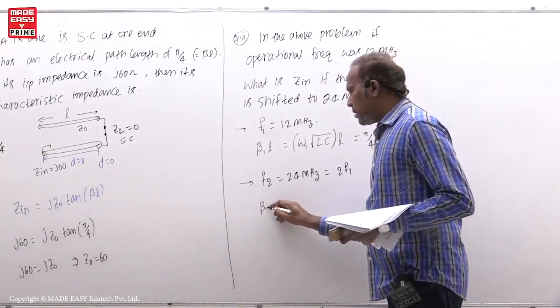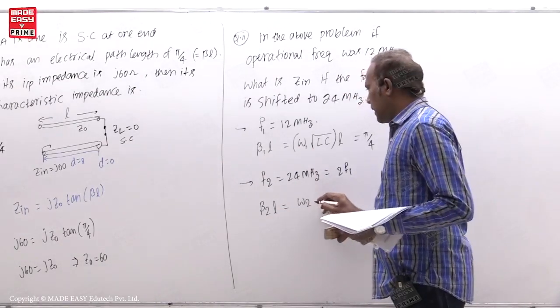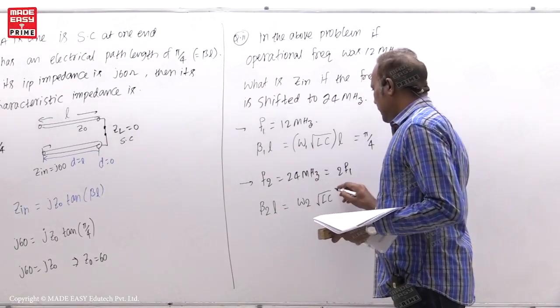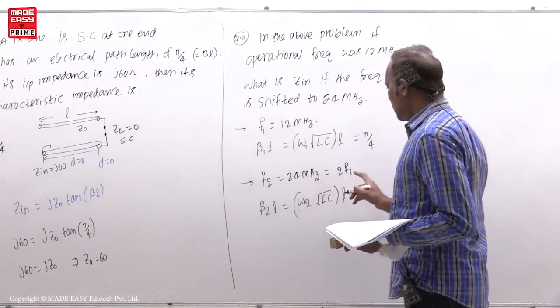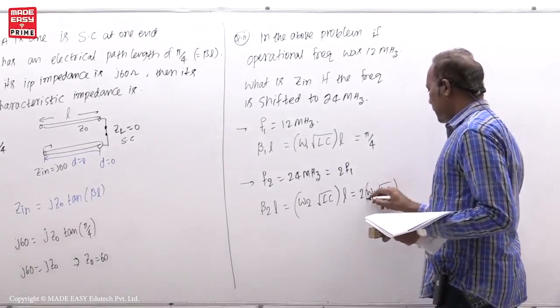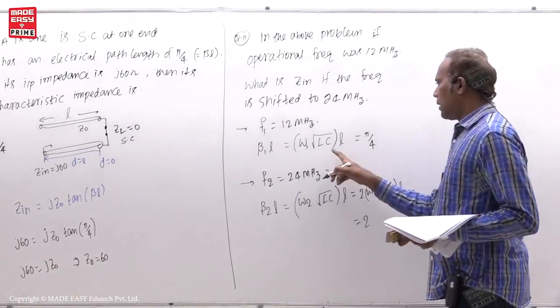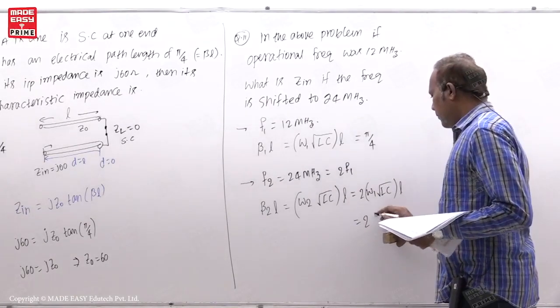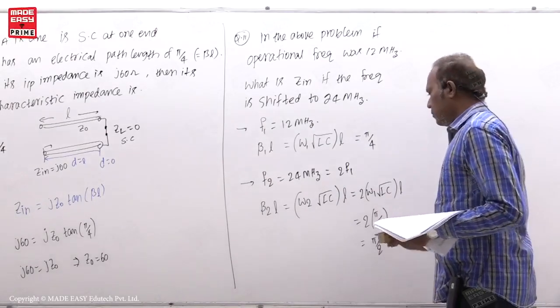That means at this frequency, β2 L is equal to ω2 root LC into L, and ω2 is nothing but 2ω1. So 2ω1 root LC into L, that is nothing but 2 into π/4, so ultimately you get π/2.